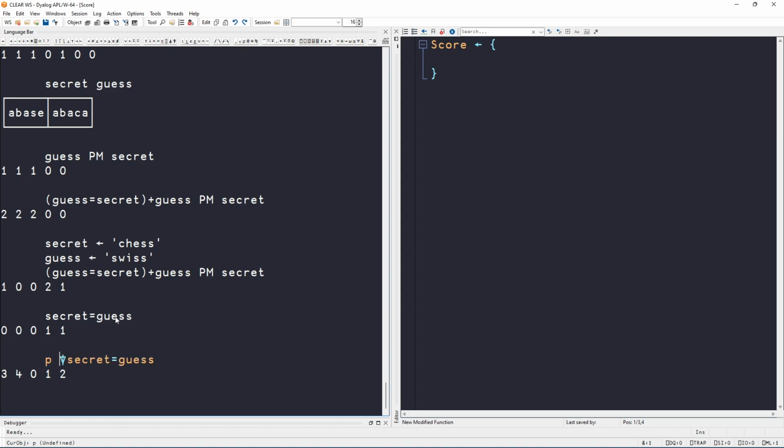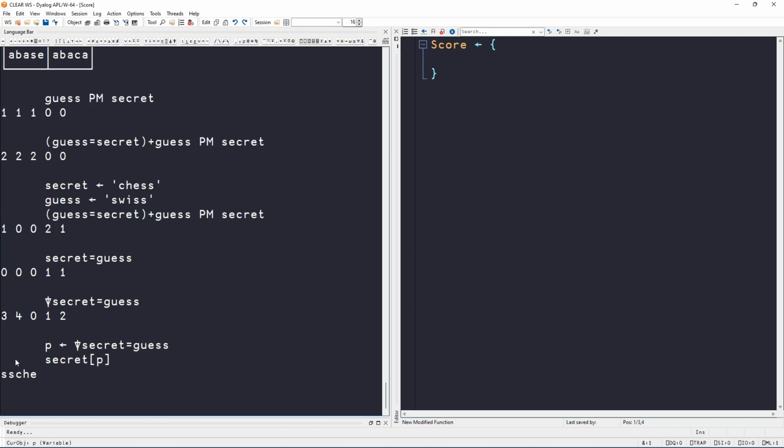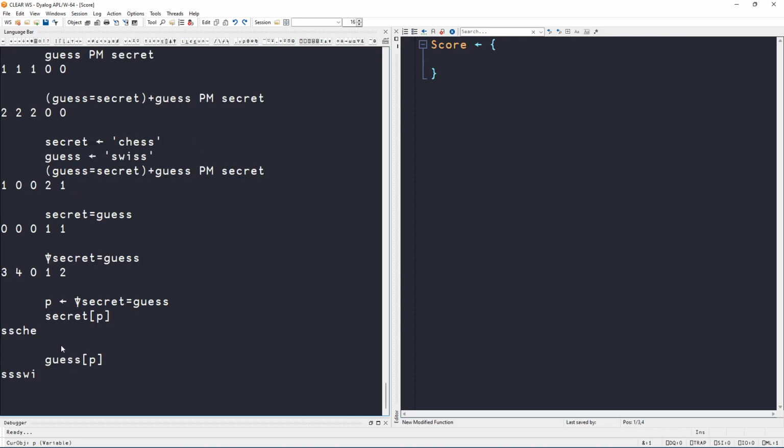So if I save this as P for permutation, if I take the secret word and I index it with P, then this is the word chess, but the two S's are in the beginning. Or if I take the guess and I index it with P, these are the two trailing S's, and this is the beginning of the word Swiss.